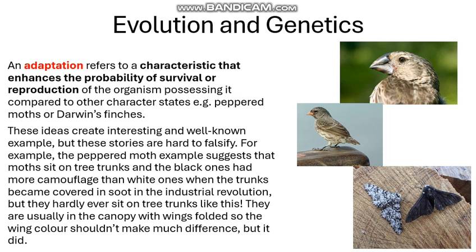So moving on, an adaptation refers to a characteristic that enhances the probability of survival or reproduction of the organism possessing it, compared to the characteristics of other organisms. So, for example, the peppered moths, like I talked about in the last one, on the bottom right here.